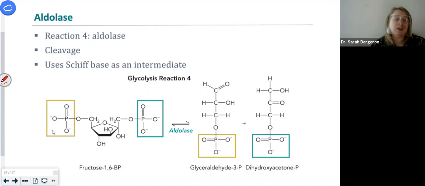So when we look at this, what's actually happening, you remember how we said sugars can be in the ring form, the cyclic form, and they can be in the linear Fischer diagram form, right? Well, what actually happens is that this first linearizes and then it gets cleaved. So when we do that, you're actually going to have a linearization here. So you're going to lose this bond here.